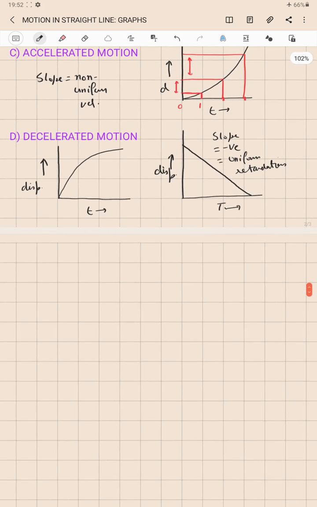Last type of graph. If we have a graph like this, this is point A, B, and C. This graph represents the motion of a body which is thrown in the vertically upward direction.